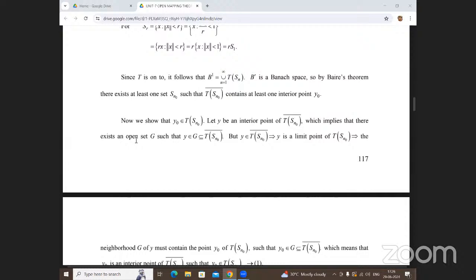Here, especially in functional analysis according to our material, capital G is the open set and capital F is the closed set.